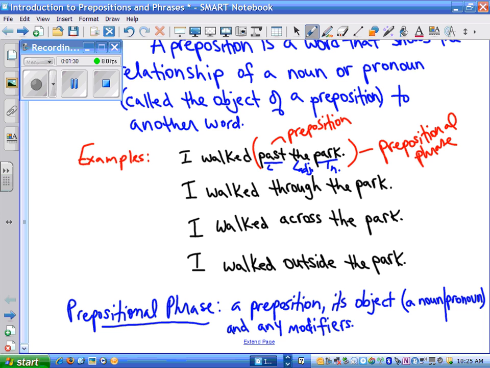So if we're thinking about relationships, this past, in many ways, is working like the adverbs we talked about last. It's giving us some information about where we walked. I walked past the park.